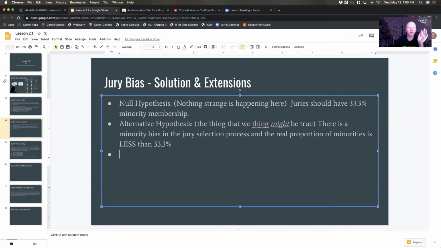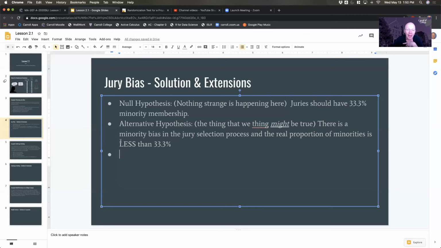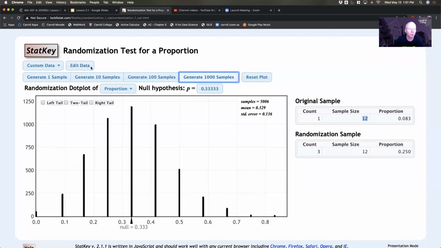Now, what I've done over here is I've built up what's called a sampling distribution. And now I judge my sample on that sampling distribution. Now I said that I think there's bias happening. So I think that my jury is actually on some other distribution which has less than 33%.